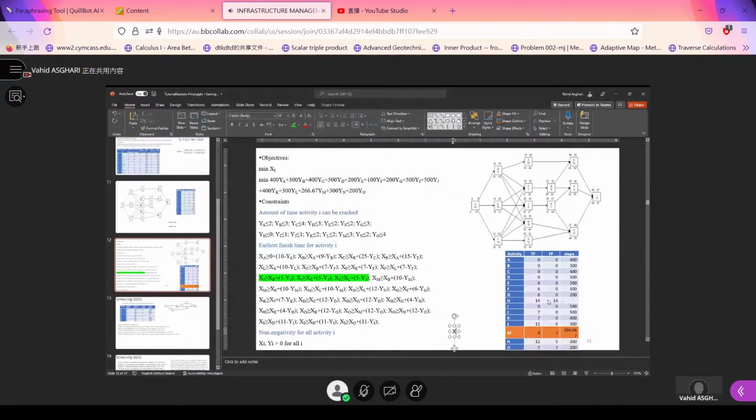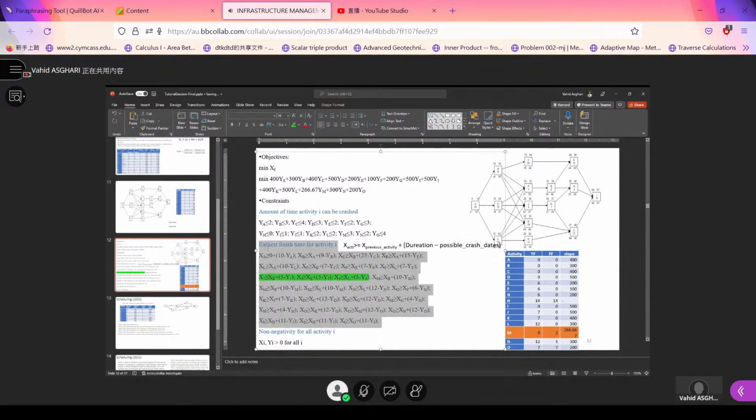X of activity should be greater or equal to X of previous activity plus duration minus possible crash X. So all of these formulas are exactly instances of this equation for all activities, and you need to write all of them without missing one of them.